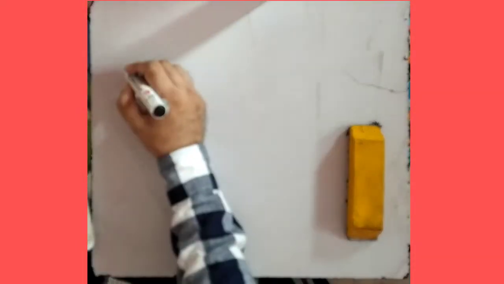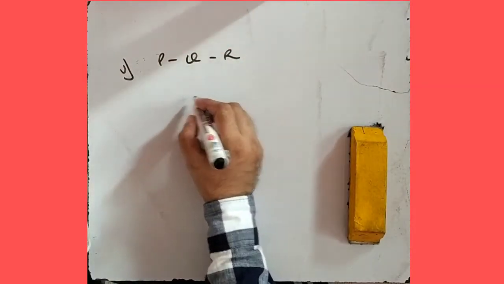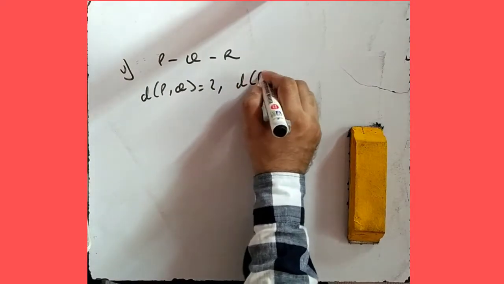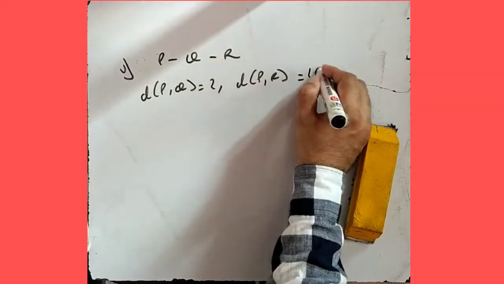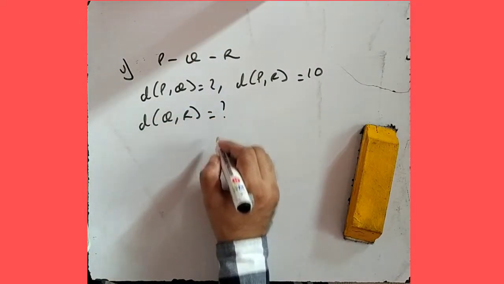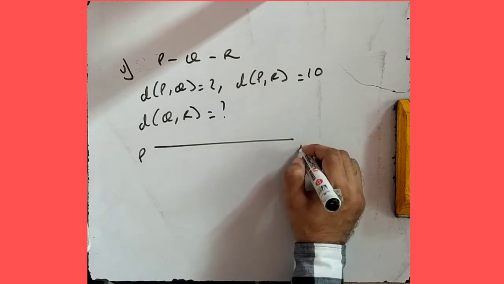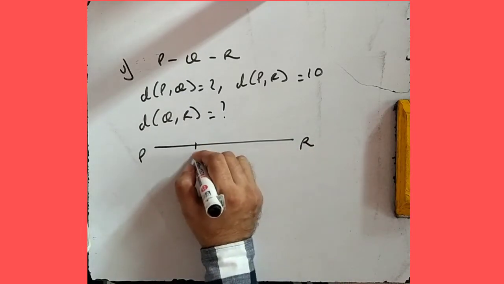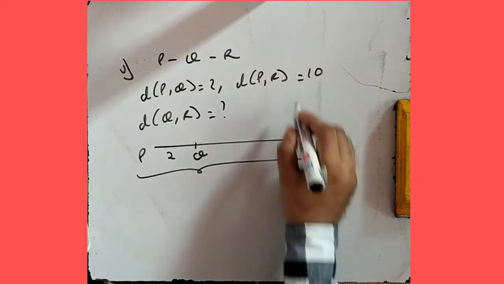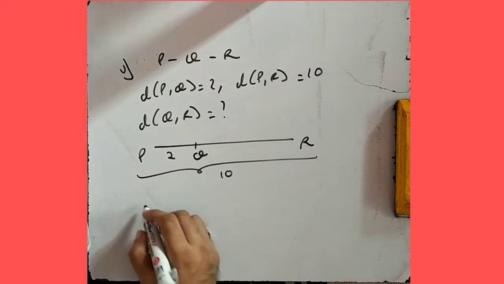Fifth one, we have P-Q-R. Distance PQ is equal to 2, distance PR is equal to 10, and we have to find distance QR. Let us form the figure. P and R are at the extremes, Q is somewhere in between. Distance PQ is 2, the whole distance PR is 10.